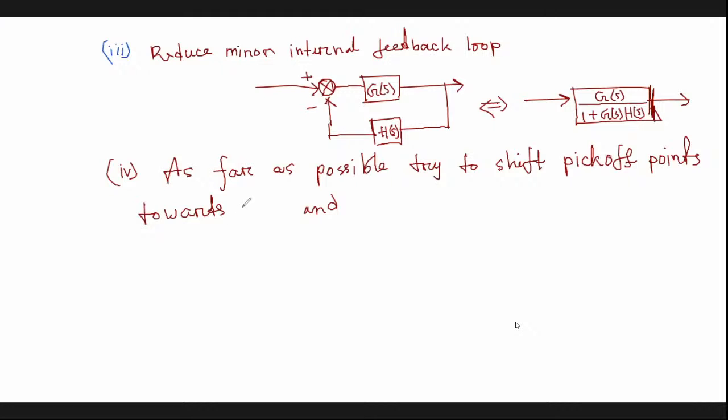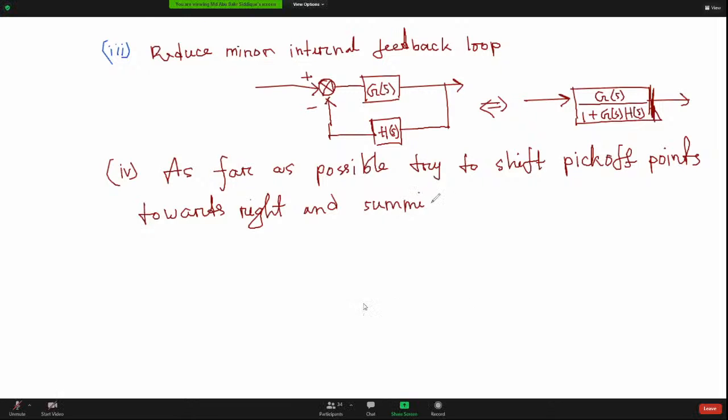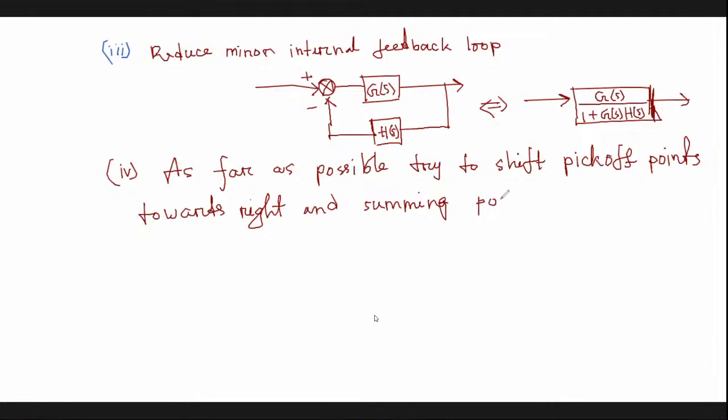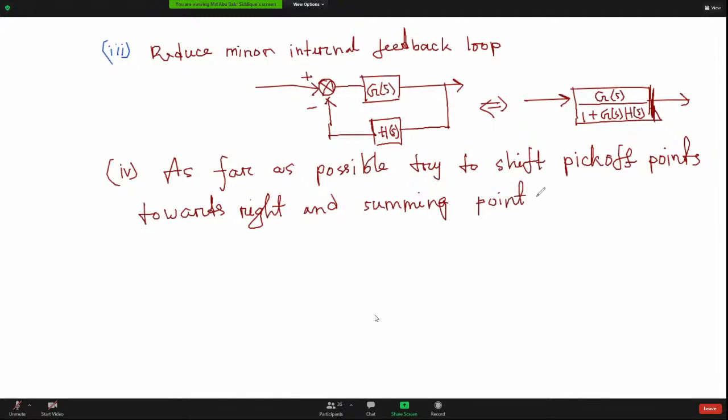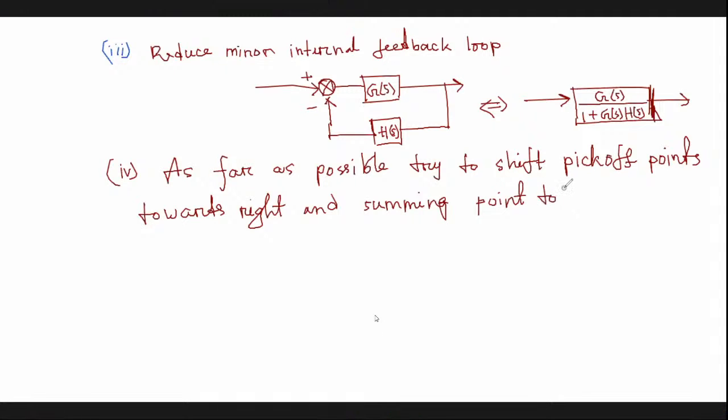So pickup point towards right and summing point towards left. Okay, so as far as possible, try to shift pickup point towards right and summing point towards left.